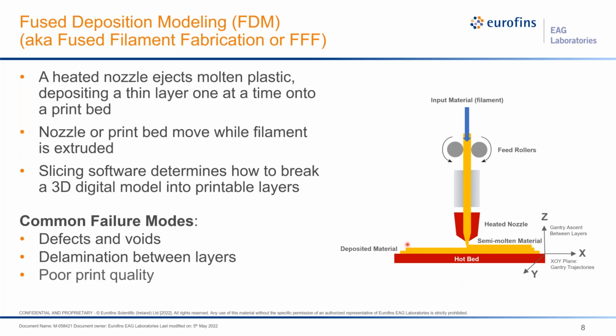It applies it layer by layer, depending on the CAD drawing that you have. You use software to create slices, which breaks this digital model into printable layers, and then you just print layer by layer. Common failure modes with these kinds of materials: you can develop defects and voids, you can have delamination between layers, and in general, you can have poor print quality that doesn't look aesthetically pleasing.